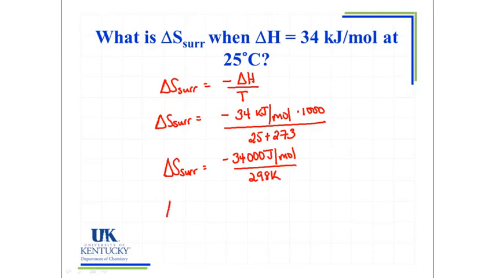And what I find is that delta S of the surroundings is equal to negative 114 joules per mole Kelvin. Now this doesn't necessarily mean that the process will be non-spontaneous. What's going to matter is what the change in entropy is of the system, so we can see how that compares to our negative 114 joules for the delta S of the surroundings.